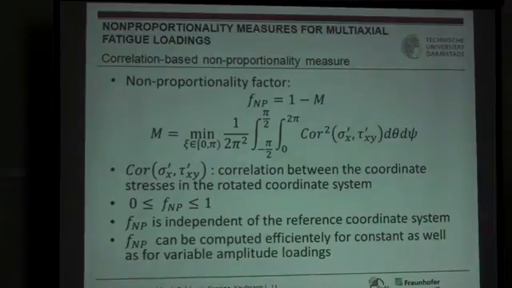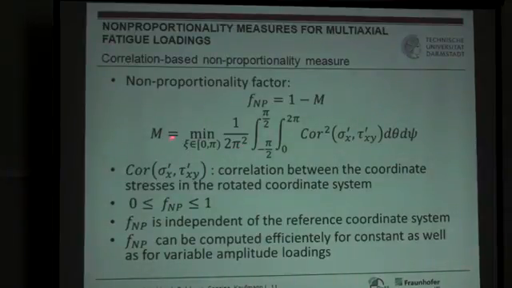Good. Now, another measure is based on the notion of correlation. So what we do, we basically take two components of the stress tensor, sigma x and tau xy, and compute the correlation square. And we look through all the positions of the coordinate system and integrate.